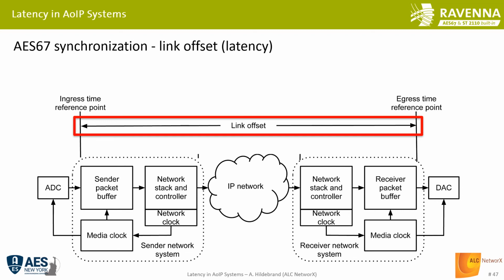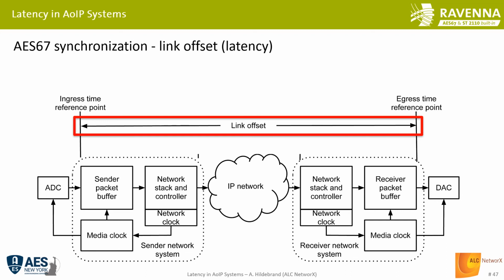And then, through this calculation, we have the desired playout time for the particular sample at the receiver side. So by telling a receiver the desired link offset, it exactly knows when to play out a particular sample. And by doing this across the whole system between all streams which potentially should be aligned, we have a perfectly aligned playout in our network system, even at different devices on the network.